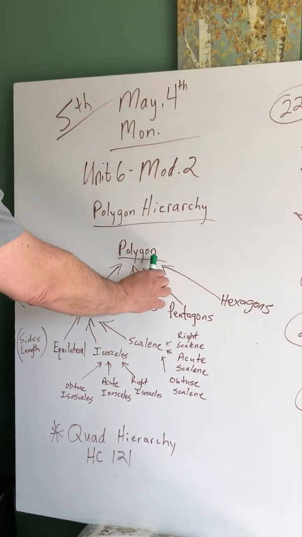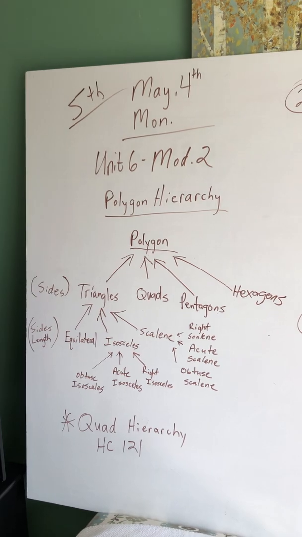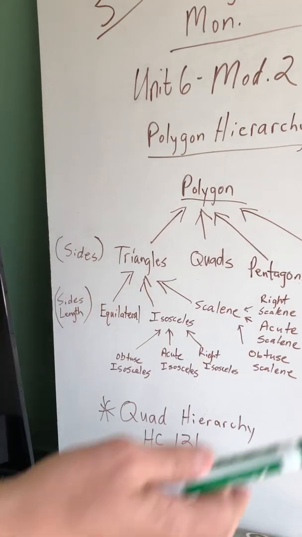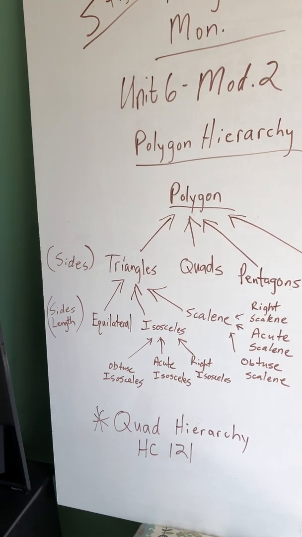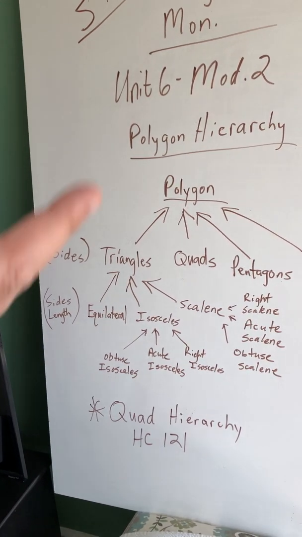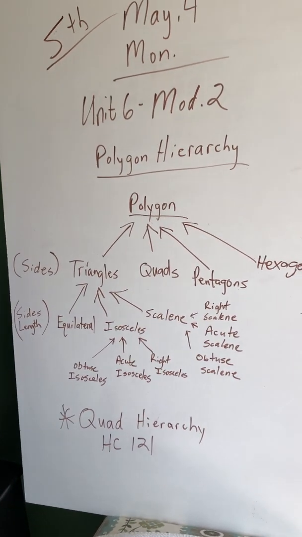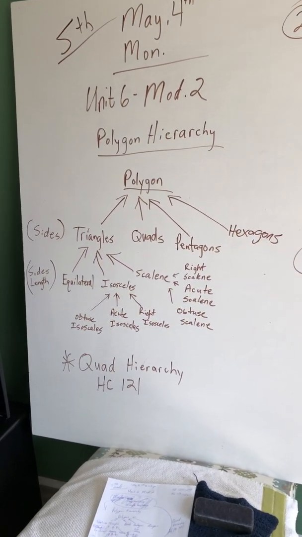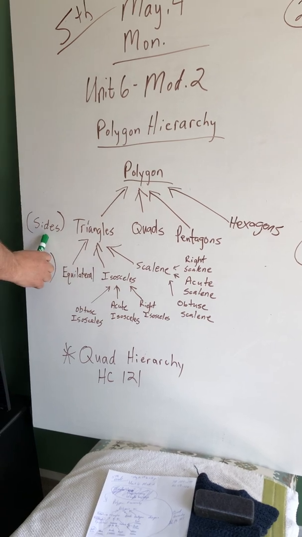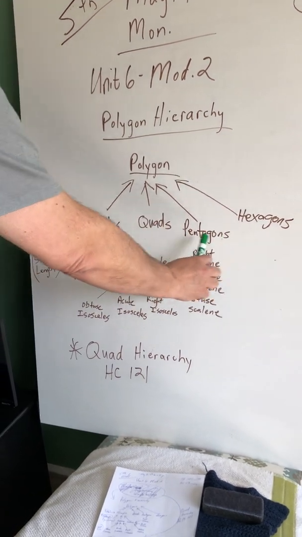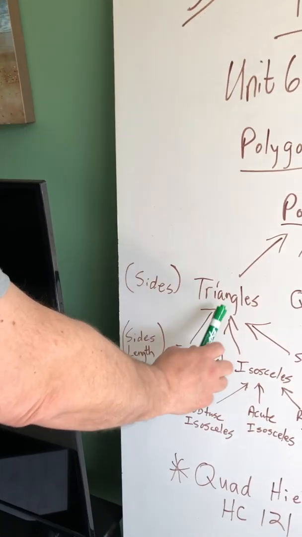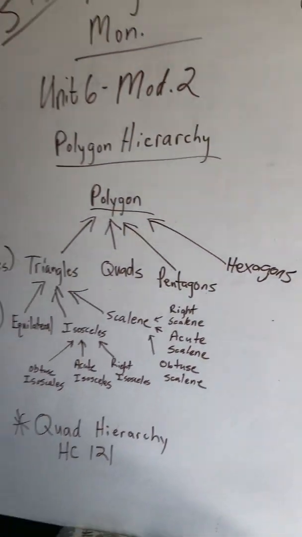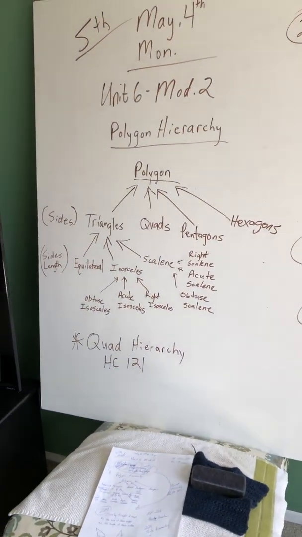Polygon is basically the title, but then if you look underneath, we know a polygon is straight line segments, no open, like it can't be the letter U all squared off. So we're talking about a closed polygon. And the first layer is sides. So we've got 3 sides, 4 sides, 5 sides, 6 sides, and it could probably keep going, right?